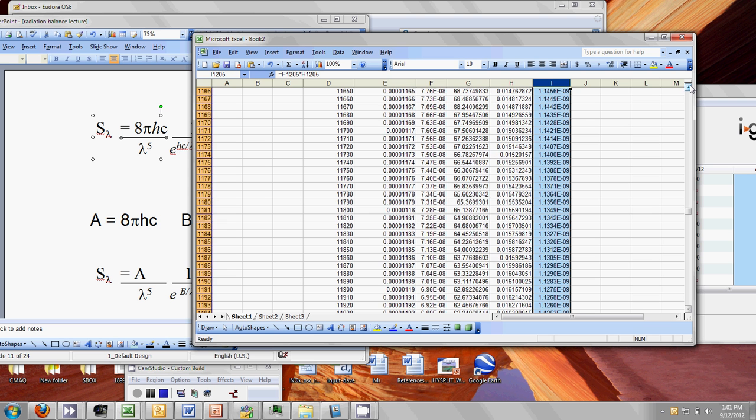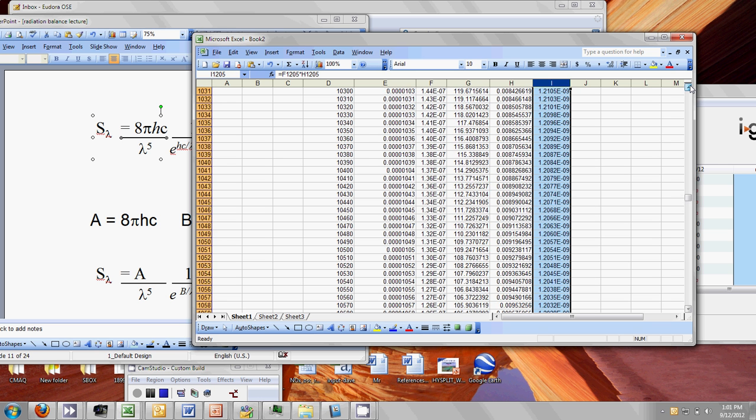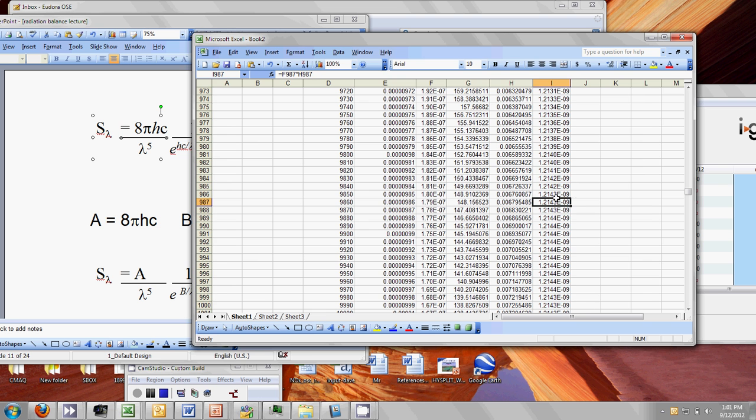So it's increasing, increasing, increasing, 70s, 80s, 90s to 1.2. Continue now, we're starting to go back down, so we see our peak is going to be somewhere around 1.2144 times 10 to the minus 9th.